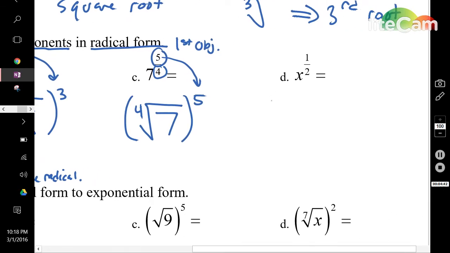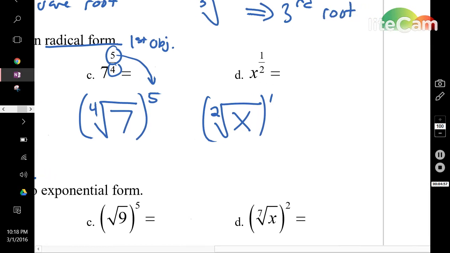Lastly, letter D, rewrite the base, it's x to the power of 1/2, so it's the radical around the x. Now, if we're repeating the exact same steps before, we're going to put a 2 there, and then we're going to put a 1 on the outside. The simplified version here is just this. We assume there's a 2 there when there's nothing there.